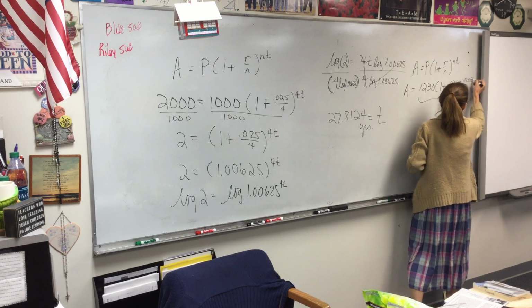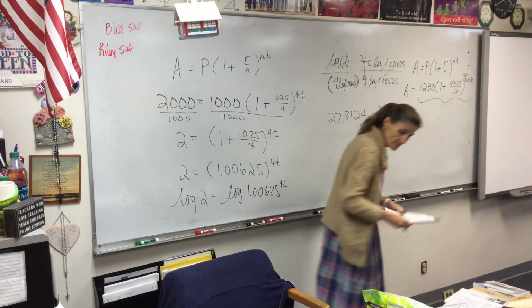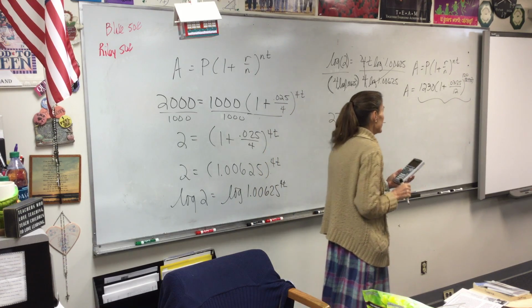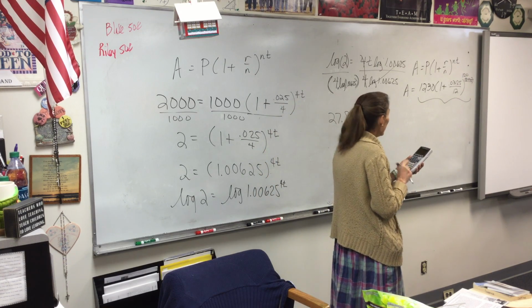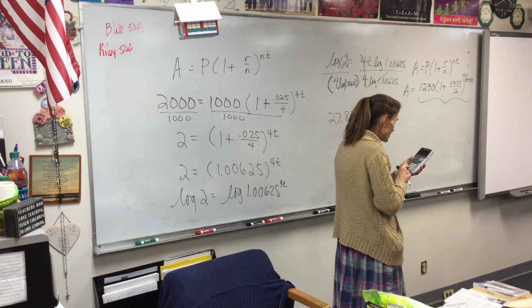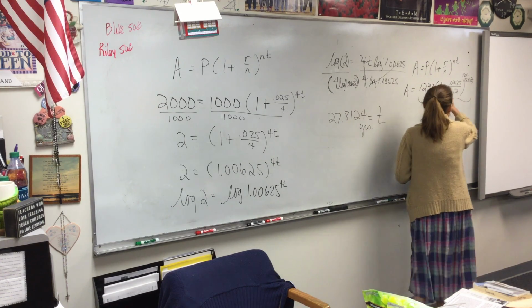Now, what's 12 times 10? Let's take care of that right now. 120. So I'm going to type on my calculator, and if you think you're going to have trouble, pay attention. 1 plus 0.03125 divided by 12 equals.